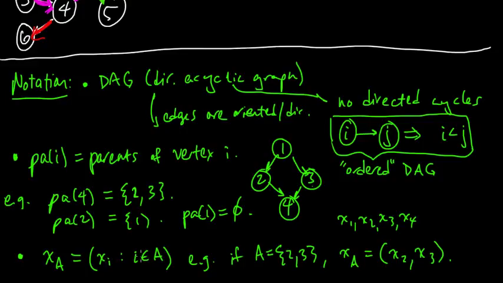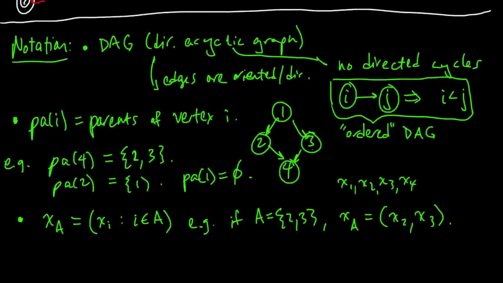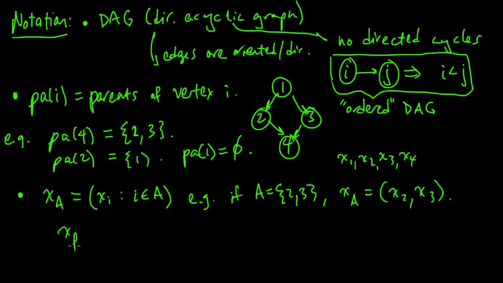And the way we're going to use this is where the parents are this set A. So x sub pa of 4, x parents of 4, is just going to be x2, x3.